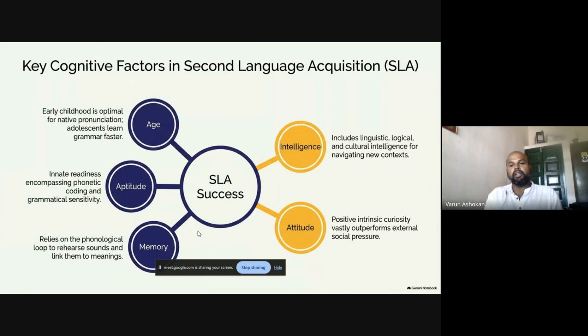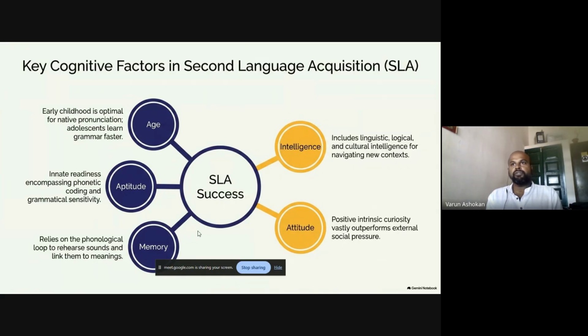So a little worry was there, but it is again the attitude of the learner, the child, or any adult also. One should have a positive outlook to use the language. It can be any social environment.